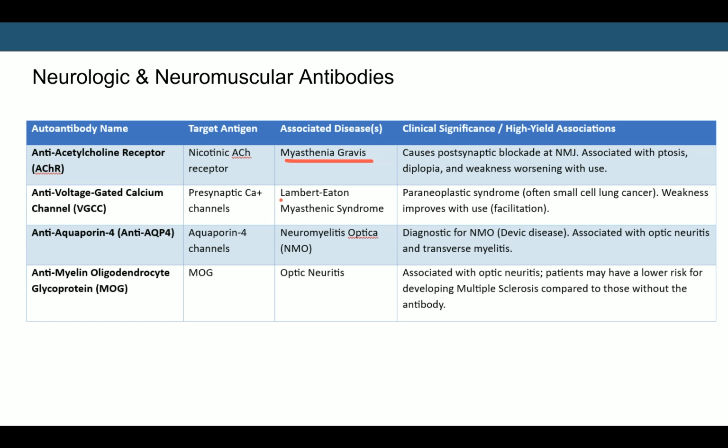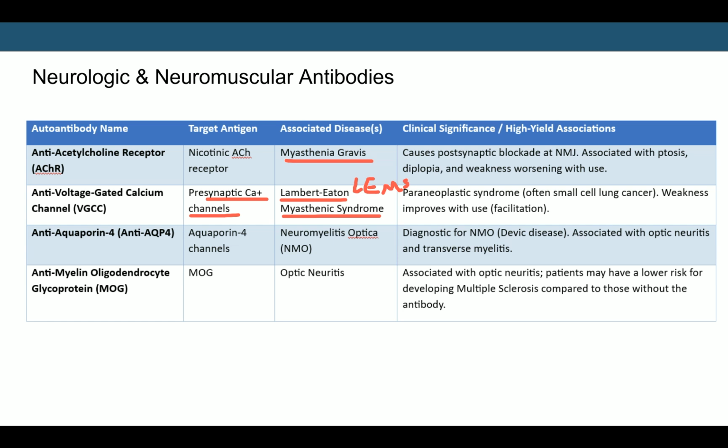The other one, which is a similar one, is LEMS, which is Lambert-Eaton myasthenic syndrome. It's also spelled like this, LEMS, anti-voltage gated calcium channel. So this is going to be presynaptic, whereas myasthenia gravis was postsynaptic. Here it's presynaptic calcium channels. This is a paraneoplastic syndrome, sometimes associated with small cell lung cancer, and this is very important. Weakness improves with use.